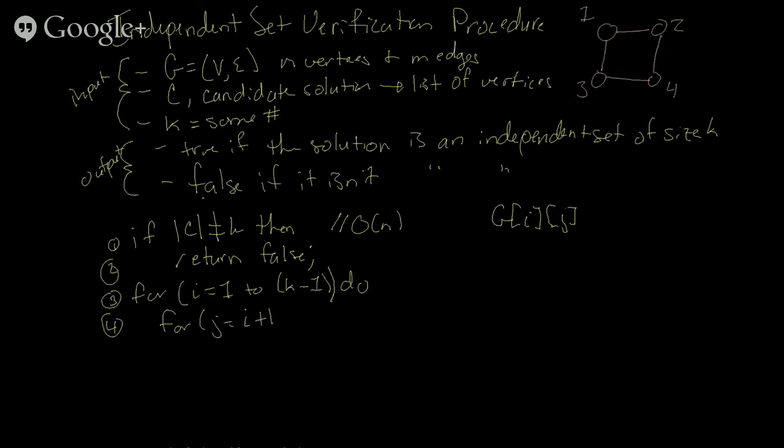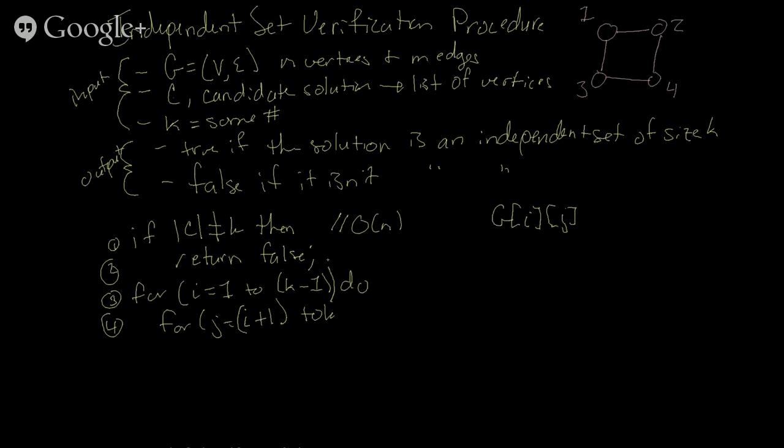Anyway, for j equals I plus 1 to k, and here you can stop with I equals 3, so k minus 1, and you can stop j at 4. Because once you've checked the G of the matrix for G3, 4, you don't need to go back and you've already checked all the connections for 4.